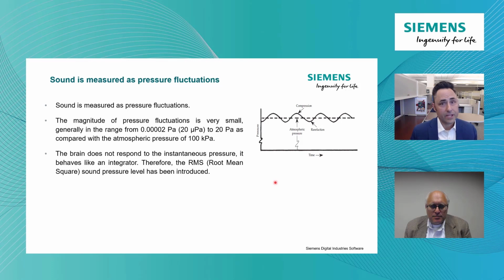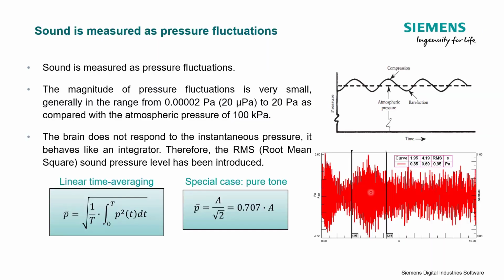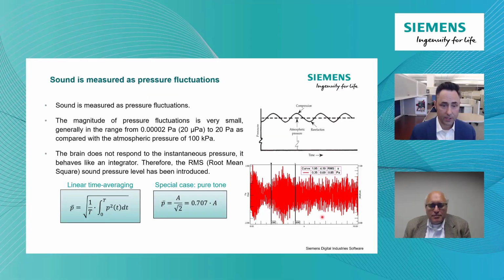It's also important to understand how our brain processes pressure fluctuations as opposed to maybe how a microphone might. A microphone, if you look at this red time history down here in the lower right part of the screen, this is how a microphone measures and experiences sound pressure fluctuations, as instantaneous fluctuations of pressure.